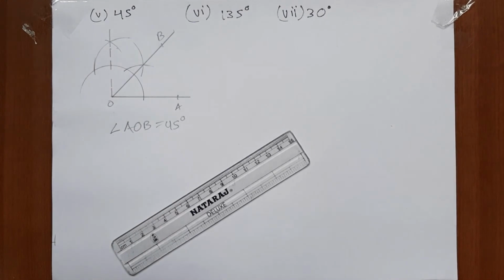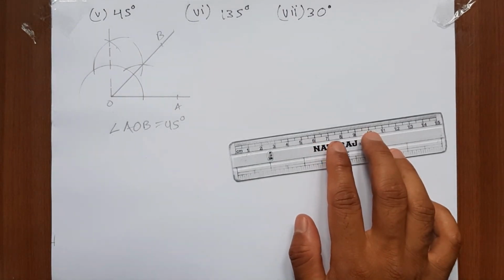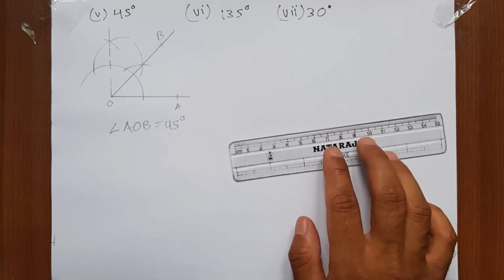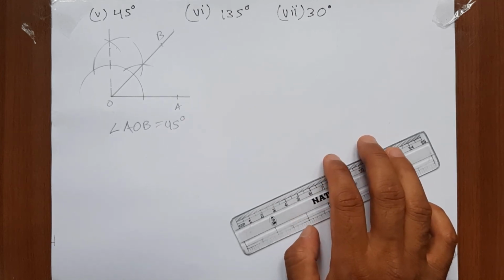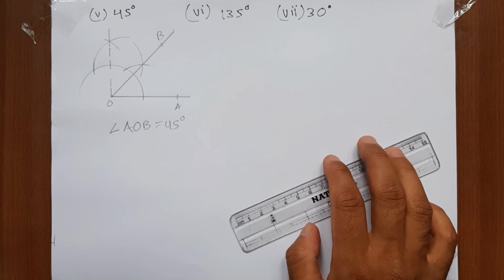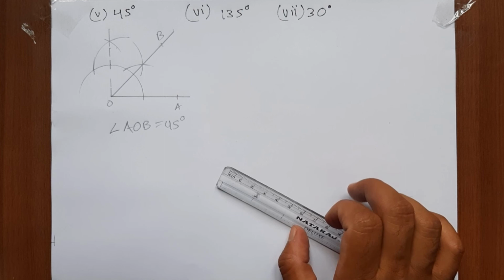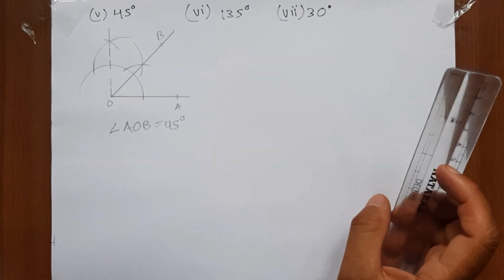Similarly, we can draw a 135-degree angle also. To draw a 135-degree angle, first of all, we have to draw angles of 120 degrees and 150 degrees. In between 120 degrees and 150 degrees, the 135-degree angle lies.